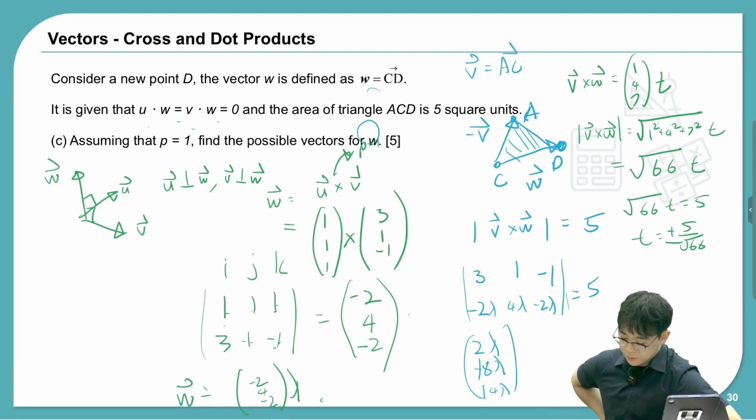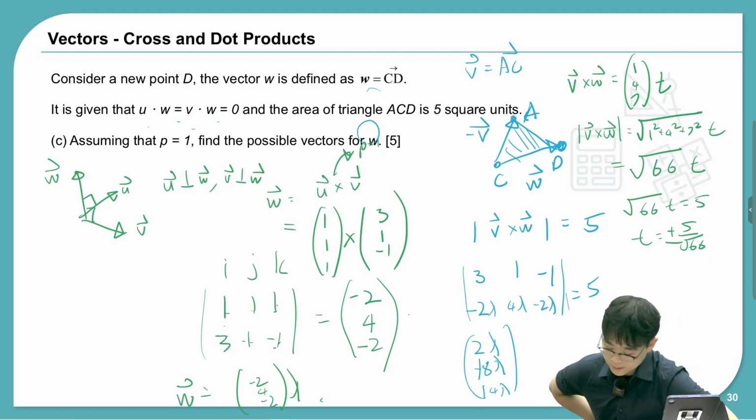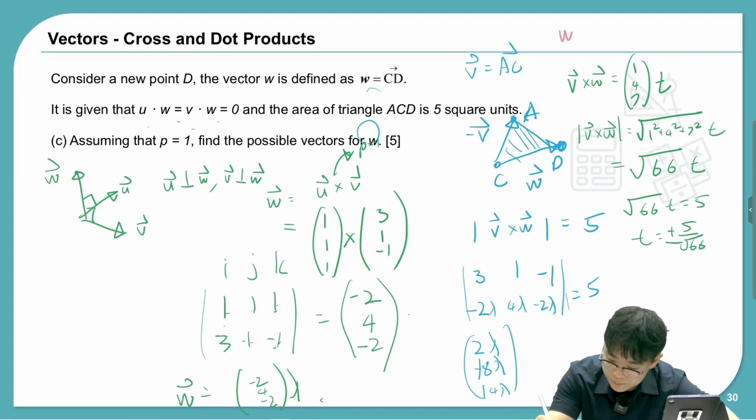So the vector w, if I were to write it at the very top, is just going to be plus or minus 5 over root 66, times -2, 4, -2.